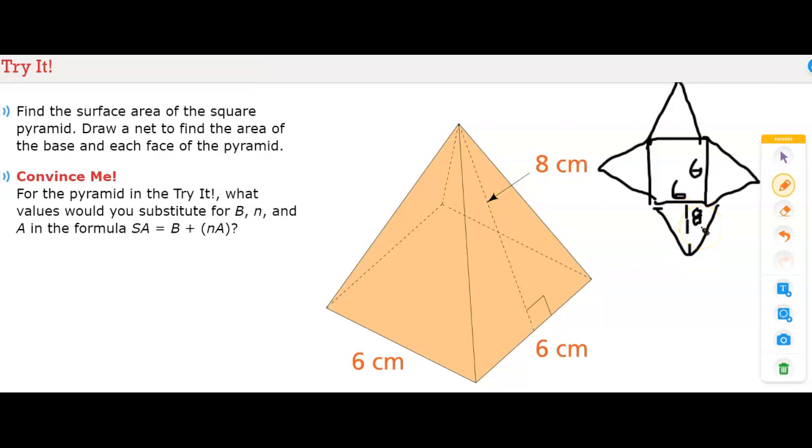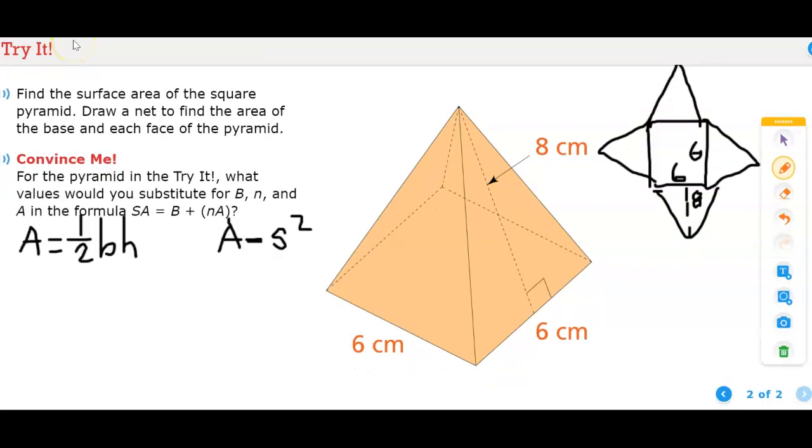So now we need to find the surface area of the square pyramid. So we need to find the area of the triangle.